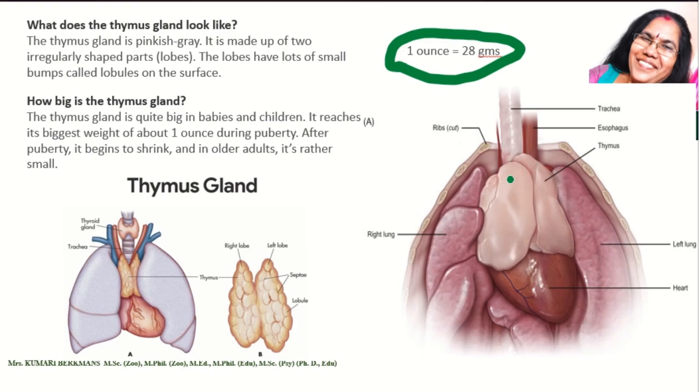After that, slowly the thymus gland starts to shrink, and sometimes it becomes very small when you get older, right? So it attains 28 grams, that is 1 ounce maximum. 1 ounce is equal to 28 grams. That is the size of the thymus gland. What is its color? It is pinkish gray.